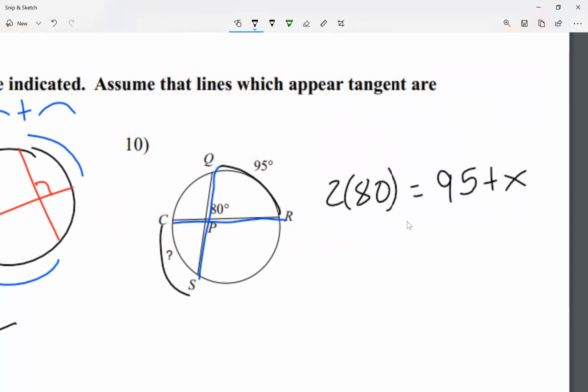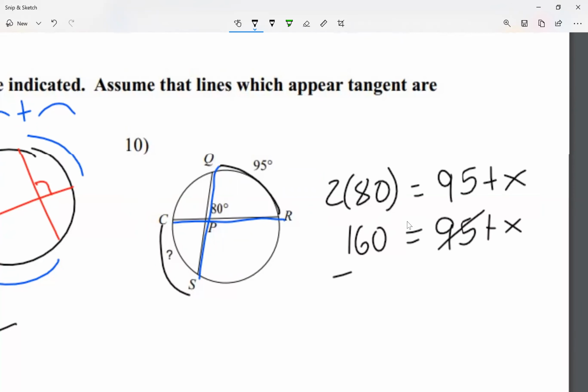I know 2 times 80 is 160. So 160 is 95 plus X. To get the X by itself, let me subtract 95. So I have that 65 is equal to X. Boom. There you go. We're done.